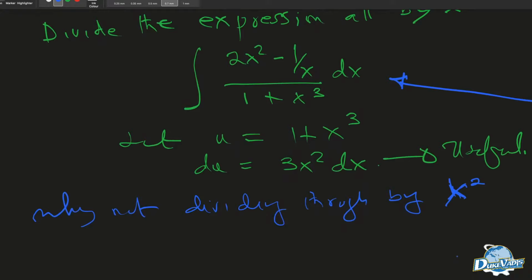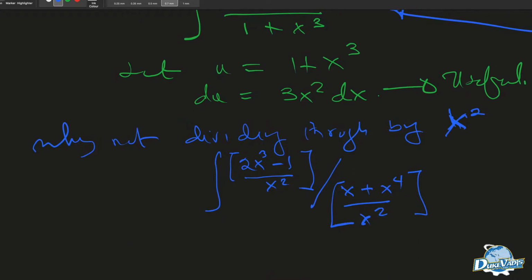If we say that, then our integration is going to be: the numerator 2x cubed minus 1, all divided by x squared, and the denominator x plus x to the power 4, all divided by x squared again. Let's see what we are going to get.